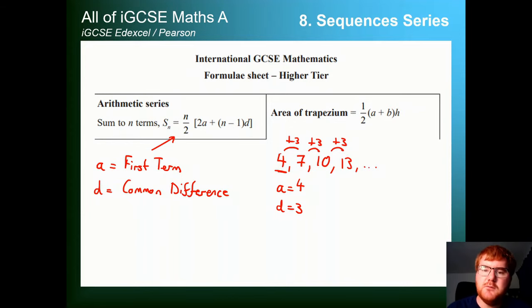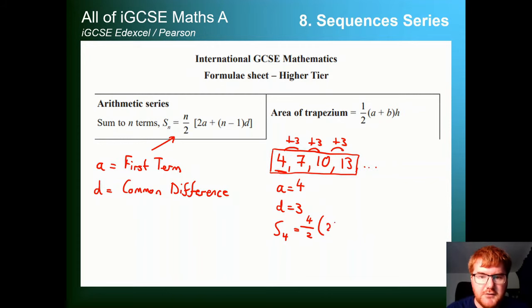And if I wanted to work out the sum of all these numbers that I put in the box here, so to work out S4, because there's 4 terms in the sequence, then we just replace the n with a 4, so 4 over 2, 2 lots of the first term, so 2 lots of 4, plus, well, there are 4 terms in the sequence, so 4 minus 1, and the common difference is equal to 3.